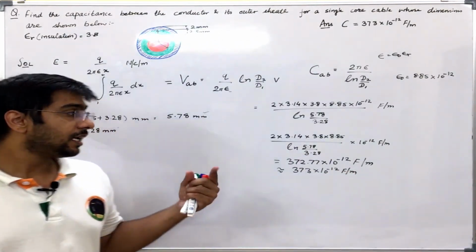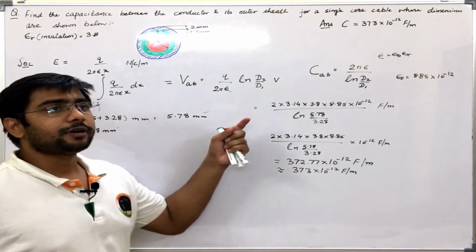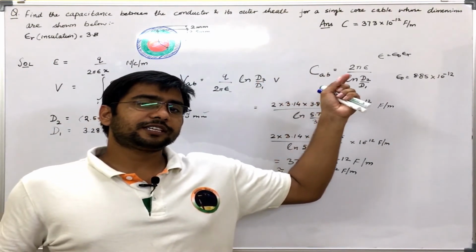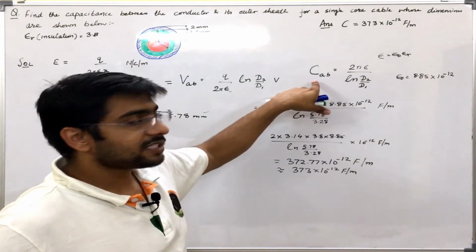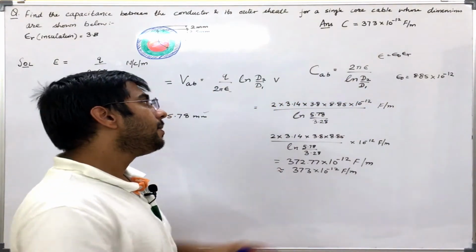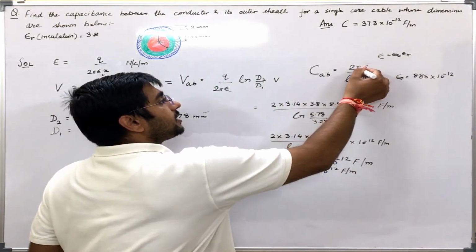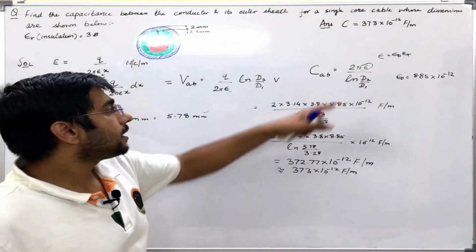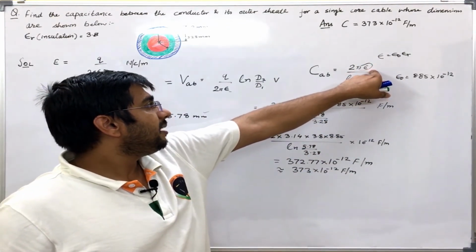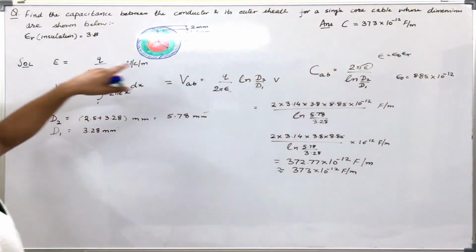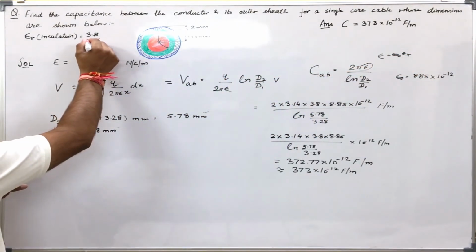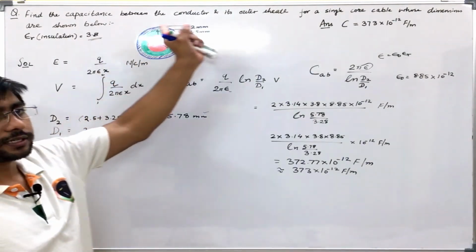Now you see that the formula for capacitance for the cable is similar to that of the transmission line, but here we can see that the capacitance will be higher for cable. Why? Because of this parameter. Here the permittivity will be higher as compared to the transmission line, since we have already seen that the permittivity is approximately 4 times for this question.